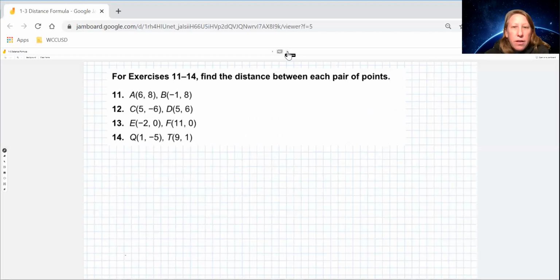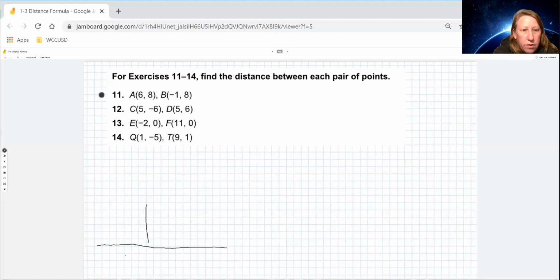All right, here's an interesting one. We could do the formula on all of those, but if you take a second and sketch what this looks like, there's a really easy way to do the first 3. Let me show you. Let's look at problem 11.